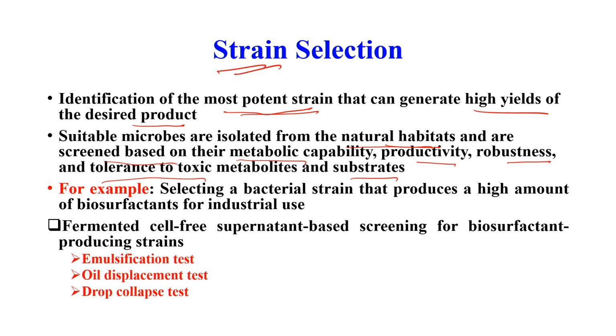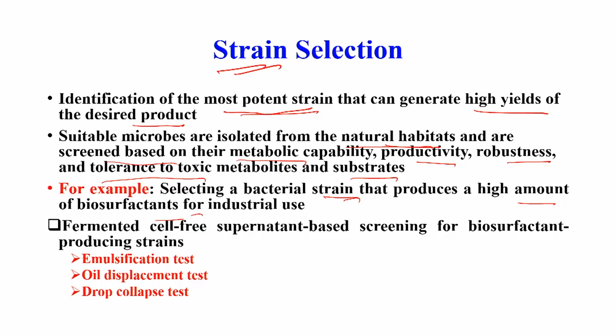For example, if you want to select a bacterial strain which produces a high amount of biosurfactant, one option is to isolate from a site contaminated by oil, because for degrading the oil there should be production of an active compound, a biosurfactant.